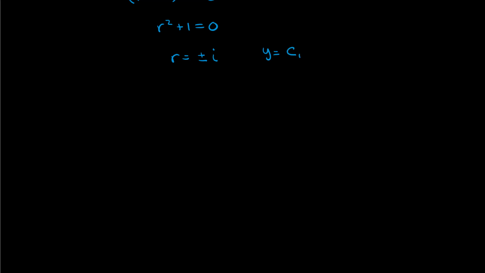to c1 e to the i x plus c2 x e to the i x plus c3 e to the negative i x plus c4 x e to the negative i x.